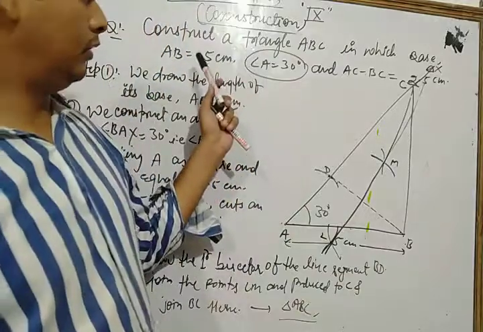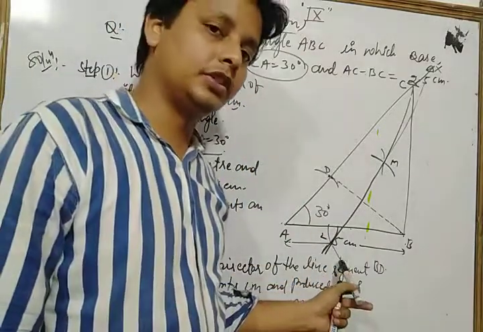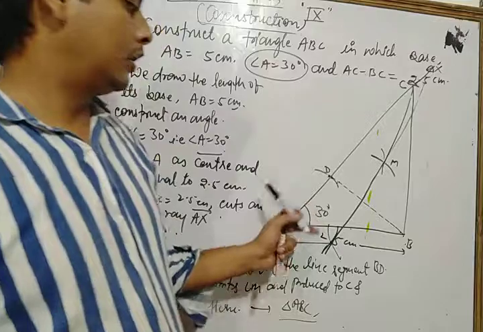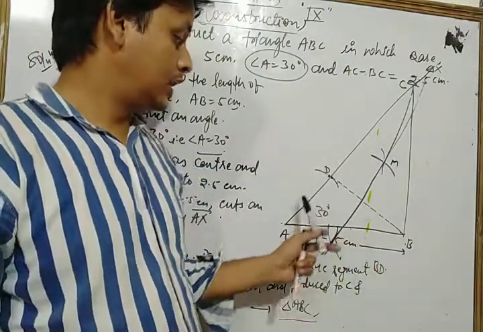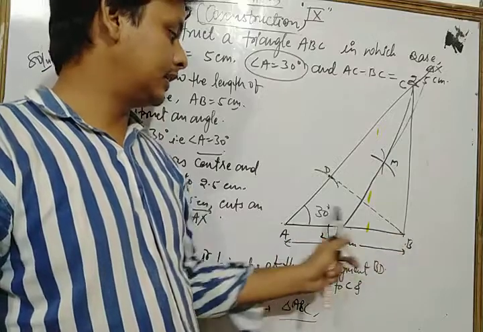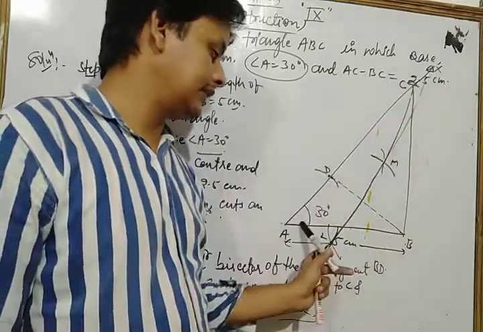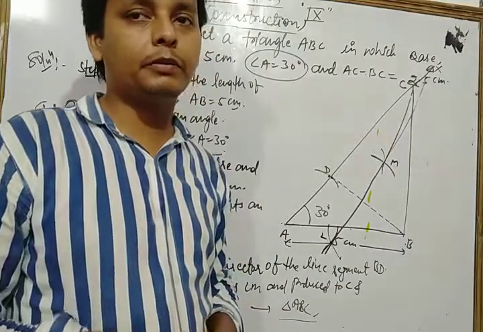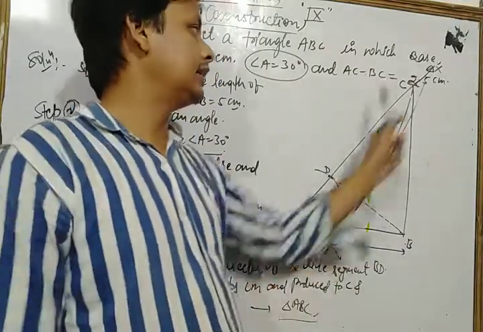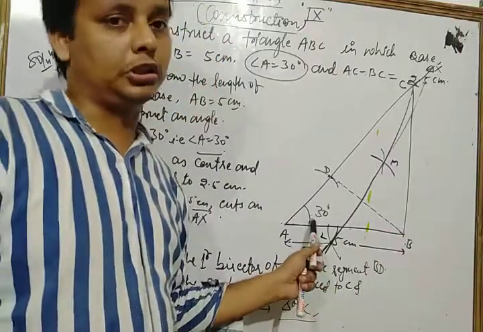In that question, AB is given, which is its base. Now we construct an angle BAX, which is angle A given in our question, meaning one base angle is also given.